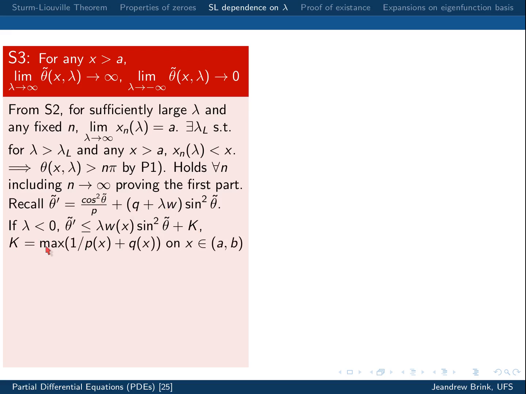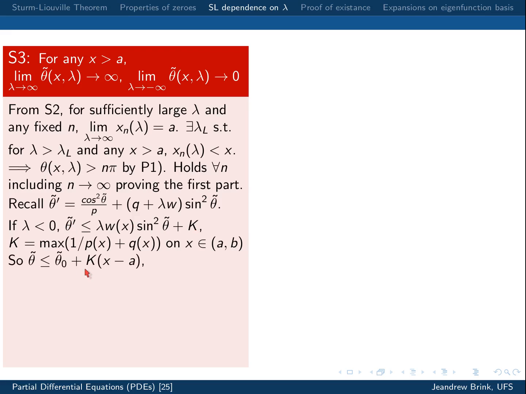So k is basically the maximum of 1 over p of x, plus the maximum of q of x times sine squared theta, because the maximum values of cos squared and sine squared is always 1. And you look at the maximum value of this thing over the whole of the x domain. So this is really an upper bound on what theta prime must be.